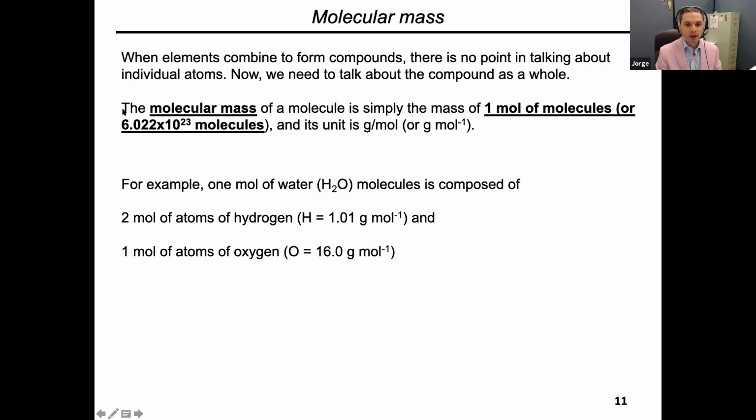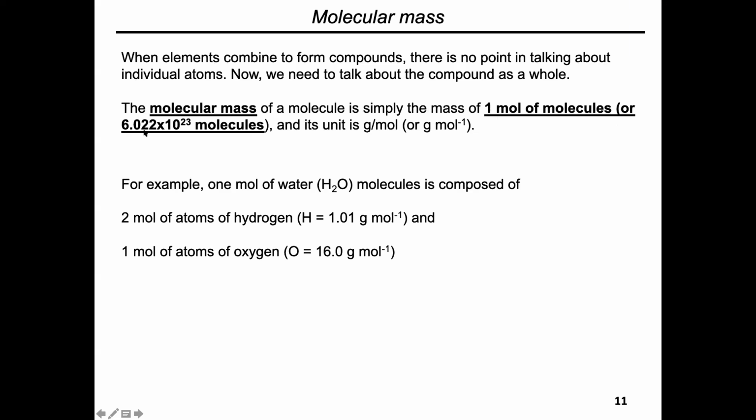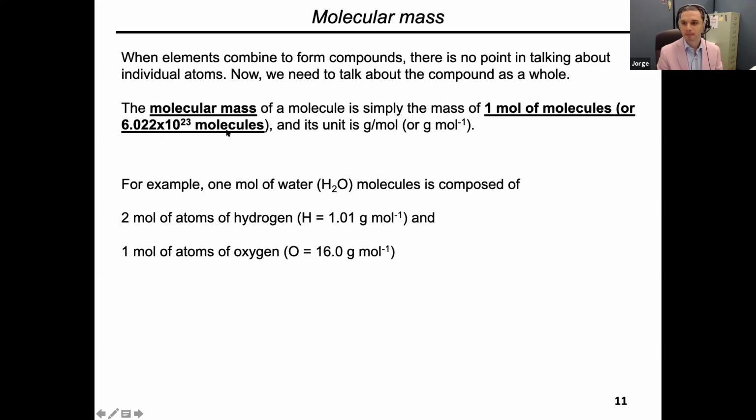Therefore, the molecular mass of a molecule or a compound is simply the mass of 1 mole of molecules. And remember that mole can always be replaced by 6.02 times 10 to the 23rd molecules. And the unit for molecular mass is grams per mole, or if you want to write grams mole to the minus 1.